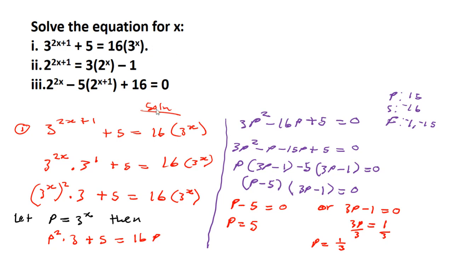the value of x, and at some point we said p should be 3 to the power x. So we are going to do the next part, taking p is equal to 5. When we take p is equal to 5, we need to understand that p is equal to 3 to the power x.